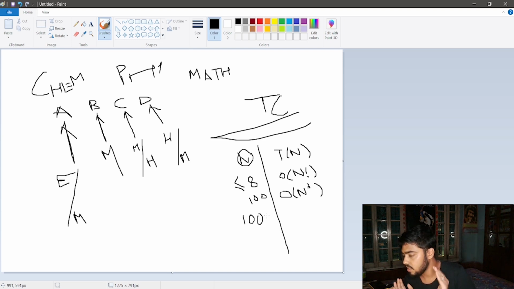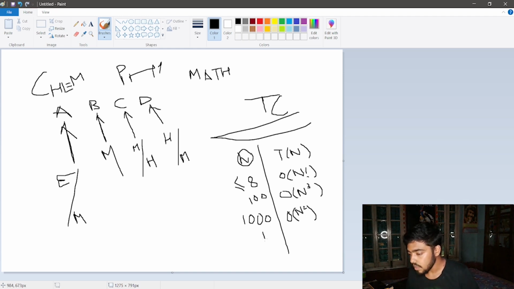So big O of n cubed works for 100. For 1000, similarly, there are 3 more zeros, so you can see that it's going to be well before 10 to the power 7. So that is going to be big O of n squared.